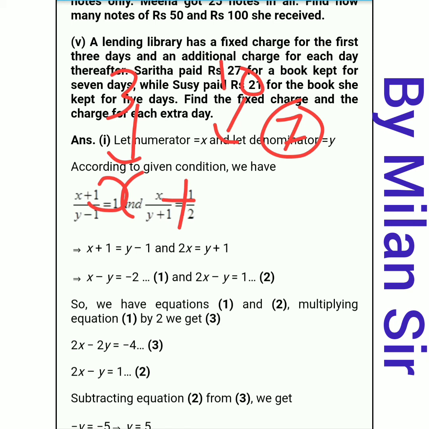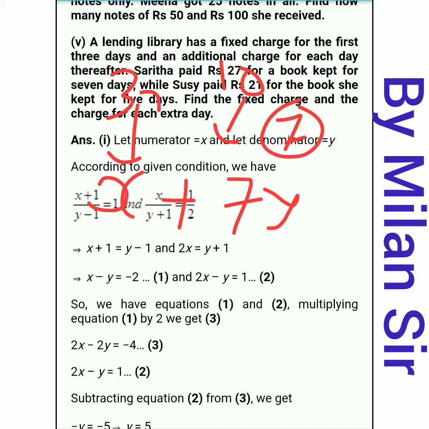There are 7 extra days, and for each extra day I need to pay y rupees. So for 7 extra days I need to pay 7y. So the total is x plus 7y.